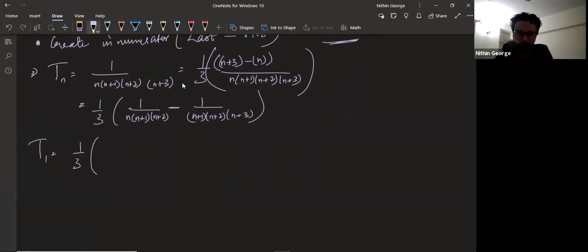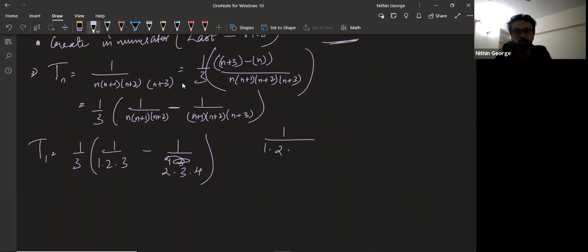The first term becomes, by this format, 1 by 1, 2, 3 minus 1 by 2, 3, 4, right? Like the first term was what? 1 by 1 into 2 into 3 into 4. What did I do here? I made the numerator as 4 minus 1 and divided by 3.